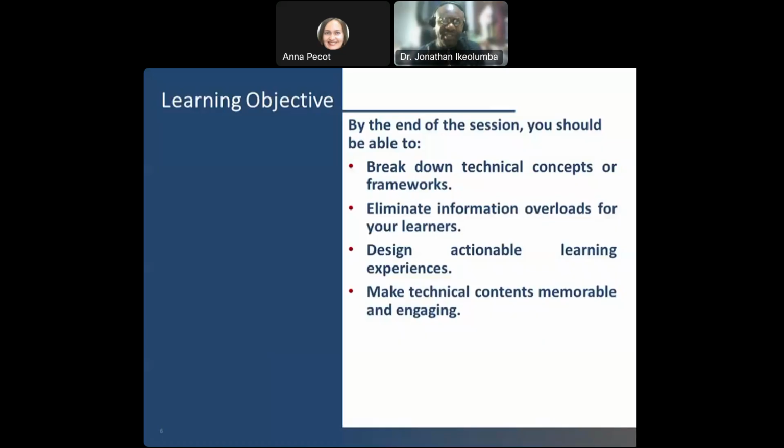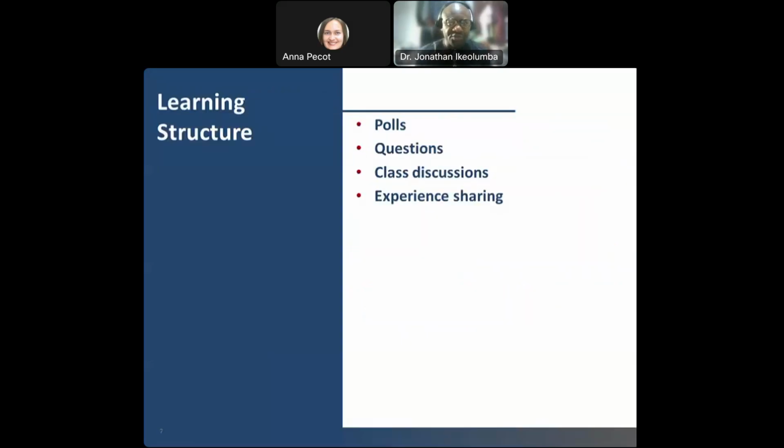I also want to share how to eliminate what I call information overload, such that you don't find yourself wanting to compress so much within a defined time. Also, I want to help make learning experiences applicable, practicable, and engaging. That's the idea around what we want to do today.